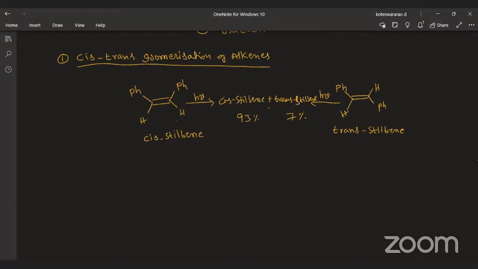Again, I am repeating: the π to π star state of a non-conjugated olefin, or even a conjugated olefin, first generates the π to π star singlet state. If you take a simple ethylene, all the substituents are hydrogens. Or it may be conjugated.